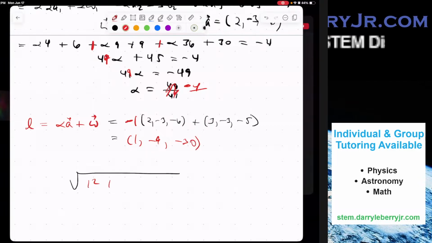I don't know what that's going to be. Let me make sure I didn't miss another number. I multiply those. So this will be 1.